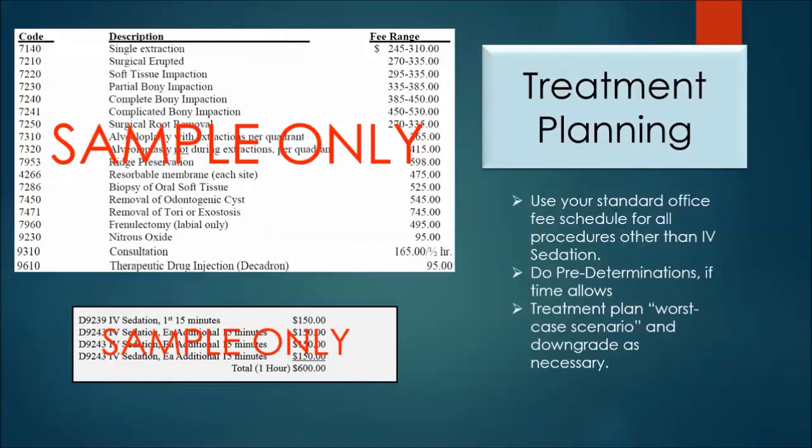If you're wanting to give the patient a treatment plan instantly without waiting for the doctor to code it, we do recommend that you do that. And if you do, give the patient kind of the worst case scenario coding, which means go ahead and code for 7240s from the get-go, because that's about the highest fee that they could be looking at.